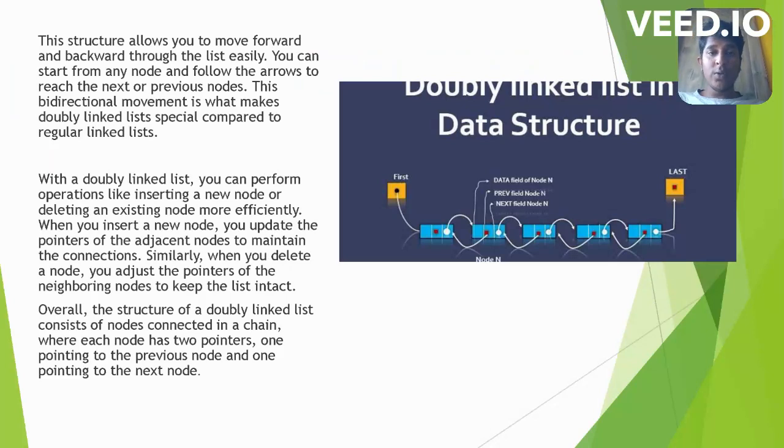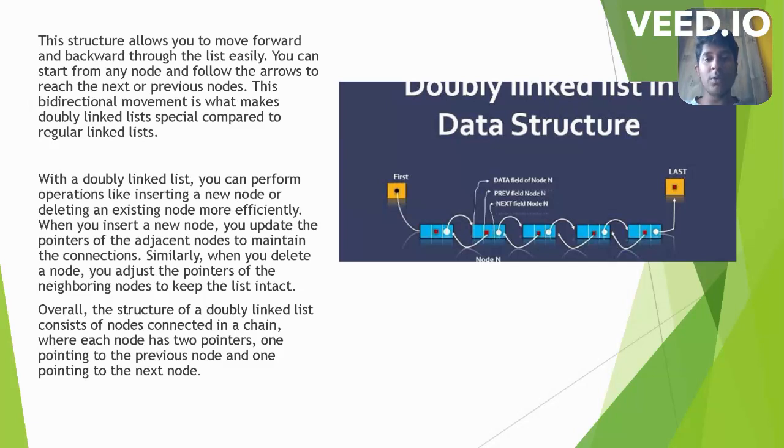This structure allows you to move forward and backward through the list easily. You can start from any node and follow the arrows to reach the next or previous node. This bidirectional movement is what makes a double linked list special compared to a regular linked list. With a double linked list, you can perform operations like inserting a new node or deleting an existing node more efficiently.